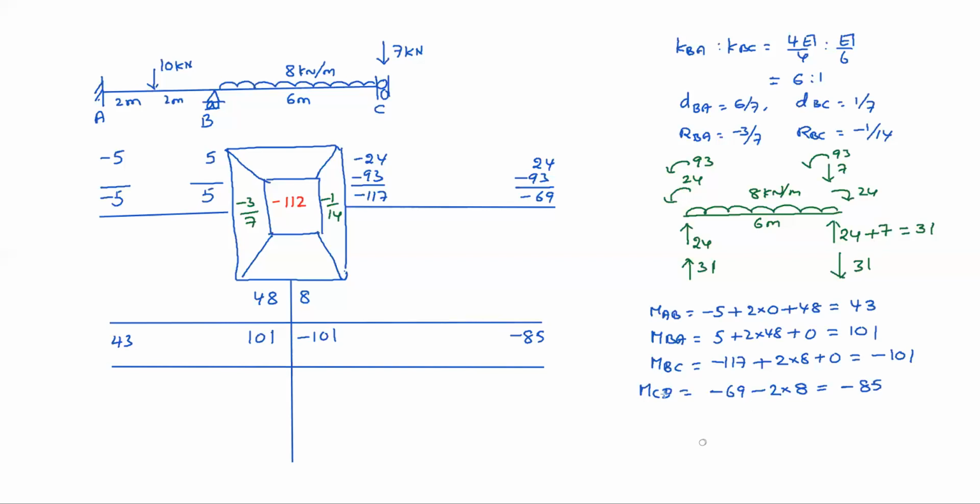So if it is a guided roller, then finding the moment is like this: fixed moment minus 2 times of far end moment.